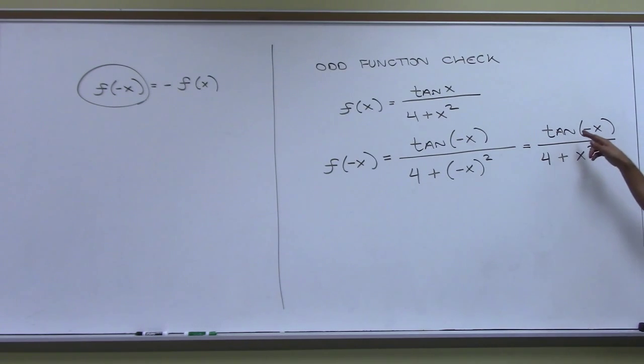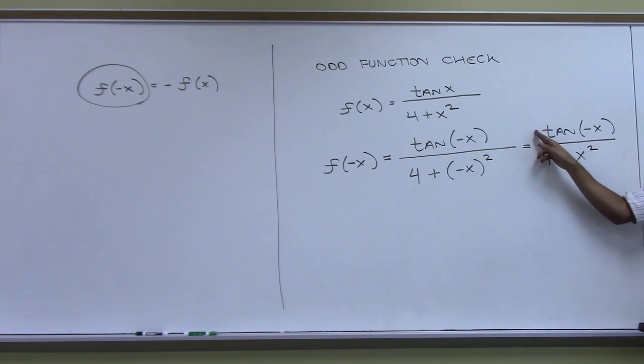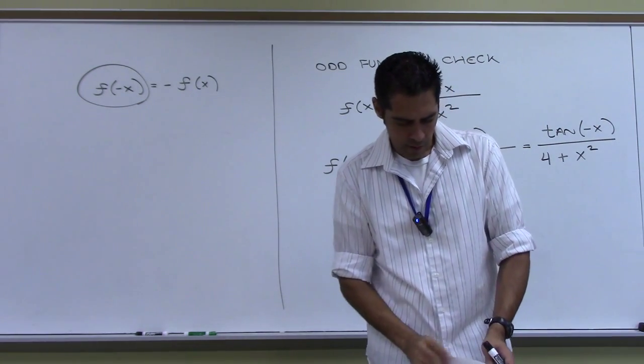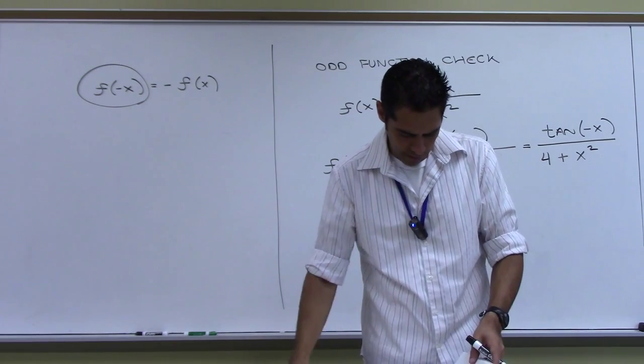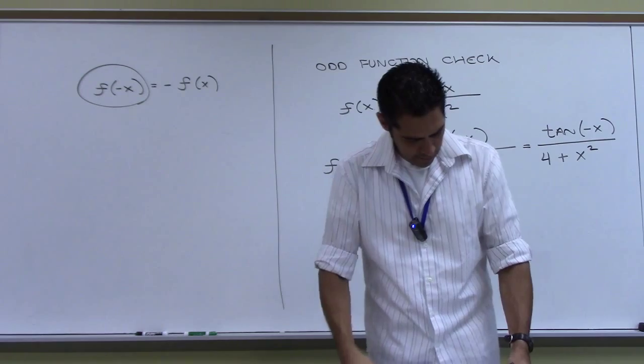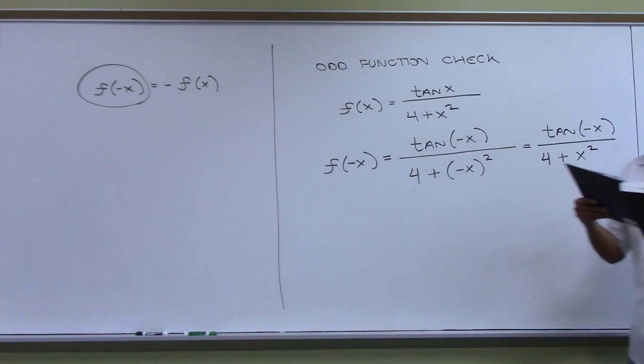And now what we're going to need to know is what happens if you have a negative inside of a tangent? You can pull this out front because tangent is an odd function. Now, does your formula sheet say that? I wonder if they even give you that. You need to know that, but yes.